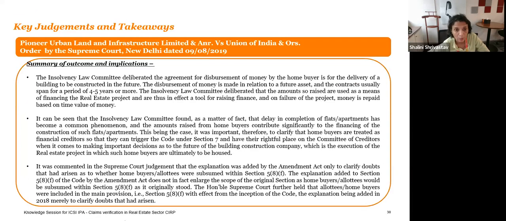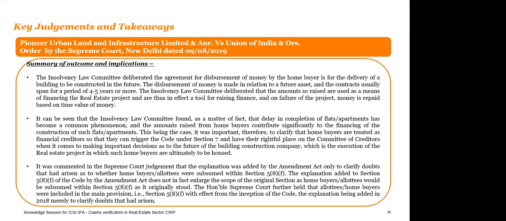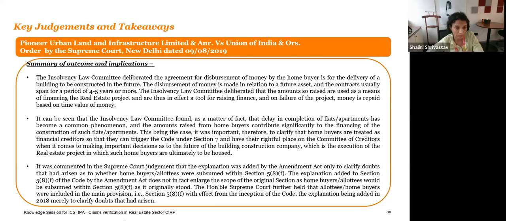So here, what we are saying is that some of the petitioners had raised the following points challenging the code. The judgment is against the object of the code to maximize value of the assets so that the shareholders of a corporate debtor do not suffer from bad management or poor management.